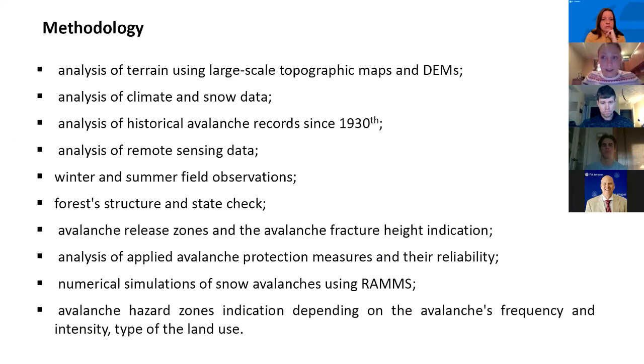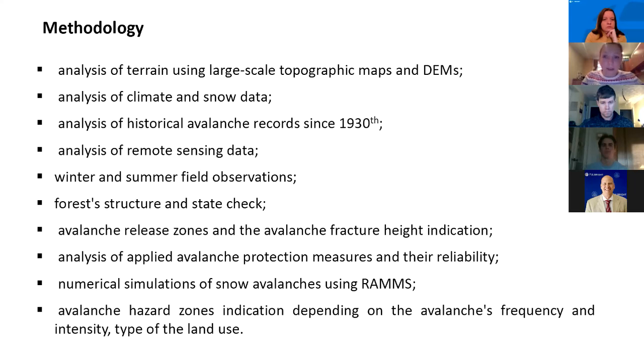On this slide, you can see the approach that we implemented into our research, the method for assessment of avalanche hazard for the infrastructure. So first, the most important step was the analysis of terrain using large-scale topographic maps, historical maps and dams, analysis of climate and snow data, and the most important step was the analysis of historical avalanche records available since 1930s.